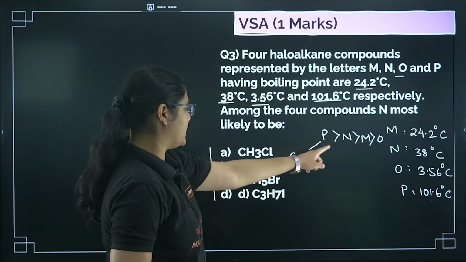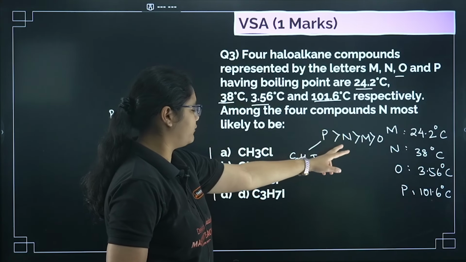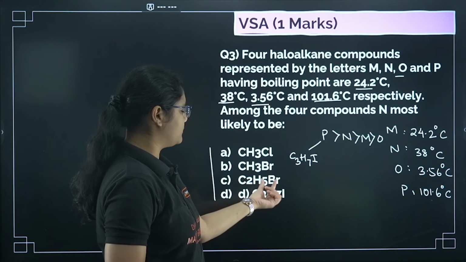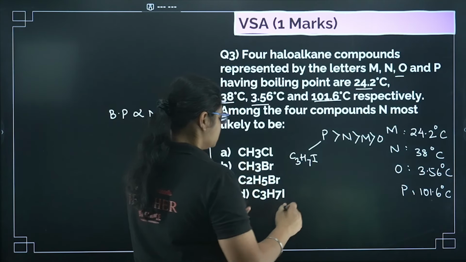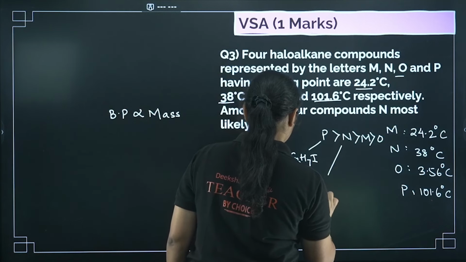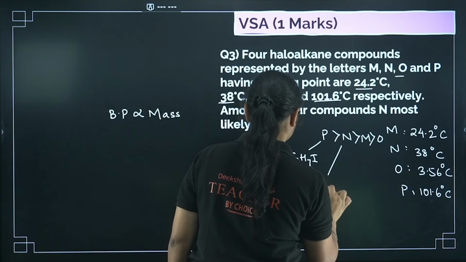Now N is the second largest here. You can see here I have 2 carbons and bromine, and here I have 1 carbon and bromine, so N will be C2H5Br.